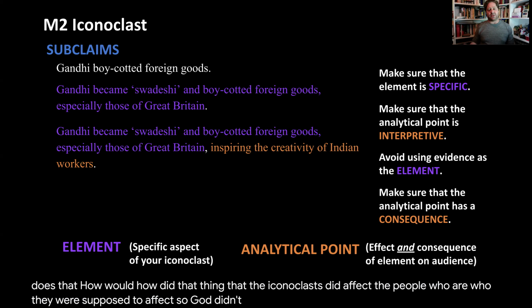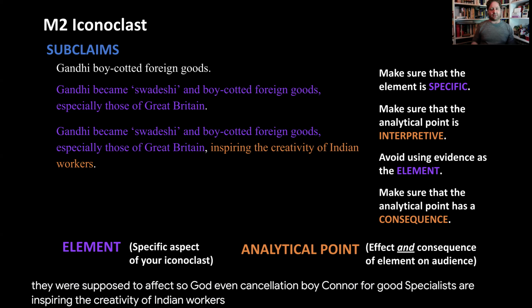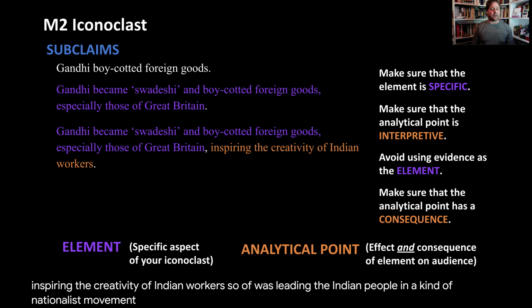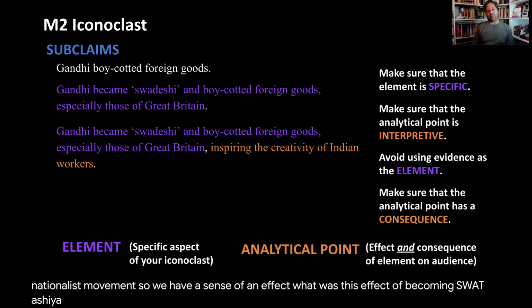So Gandhi, obviously Indian himself, was leading the Indian people in a kind of nationalist movement. So we have a sense of an effect. What was the effect of becoming Swadeshi and boycotting foreign goods? Well, it inspired the creativity of Indian workers.